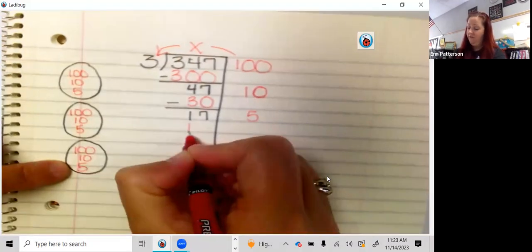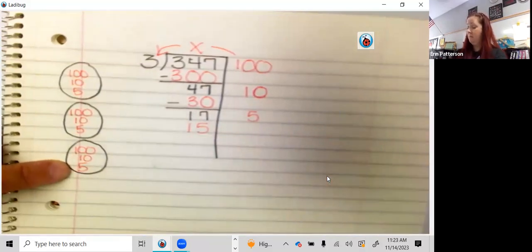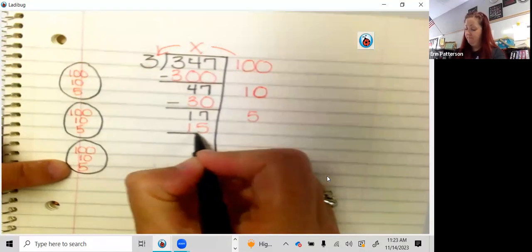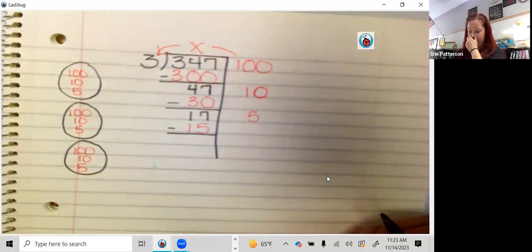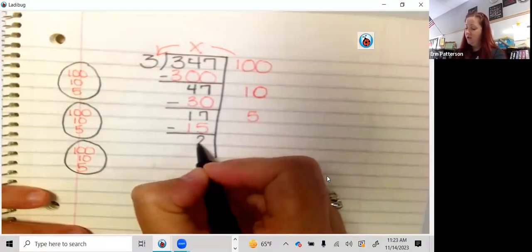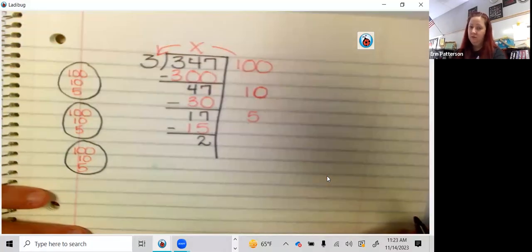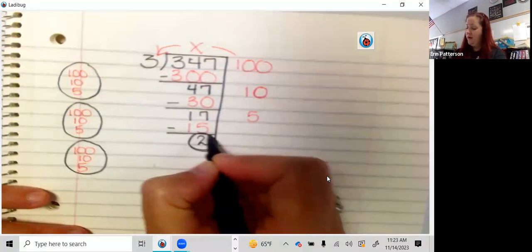I got rid of 15 pieces of candy there. I subtract. 17 minus 15 is 2. Can I give away any more candy? No, that is my remainder.